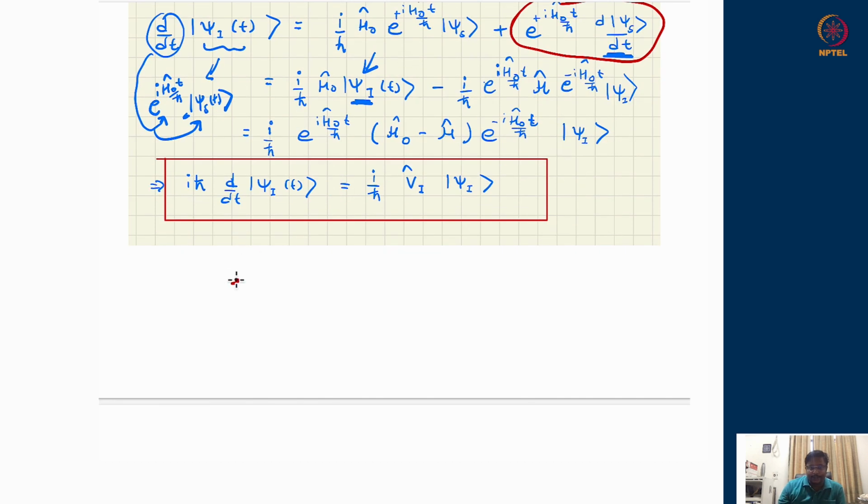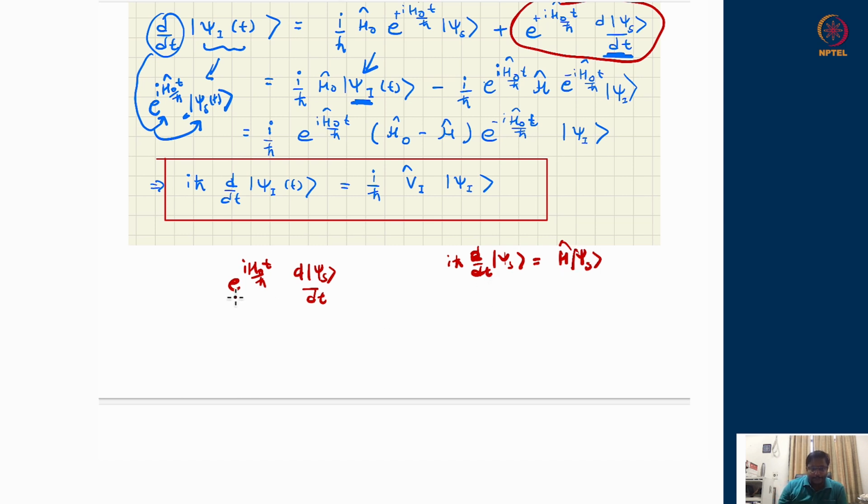So e to the power i H naught t upon h bar acting upon d psi S upon dt, and I know that in the Schrodinger picture, i h bar d psi S upon dt is equal to the full Hamiltonian times psi S at the same time t.